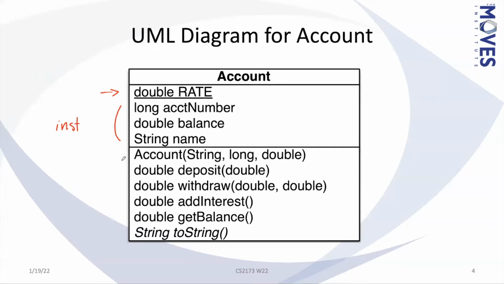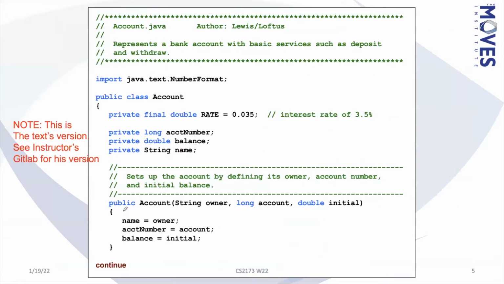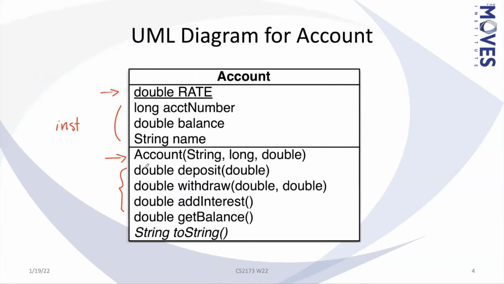And then we have a constructor. If there's more than one constructor, then they would be listed here as well. These are the regular methods. These are the instance methods that are written here, and then in italics, this is something which is overridden.